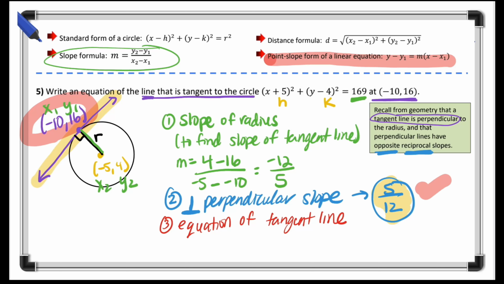So to write our final answer, we're going to use y minus y1. So my y1 is 16, equals my slope, which was 5/12, and then x minus x1. So x minus a -10, which means when I simplify that, minus a negative is the same thing as plus.